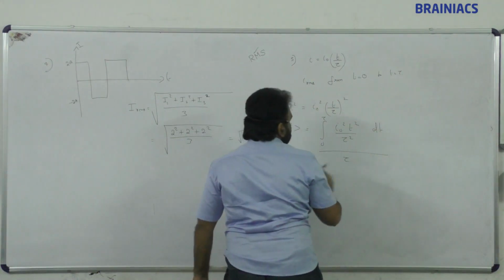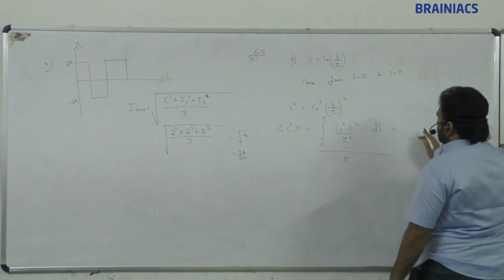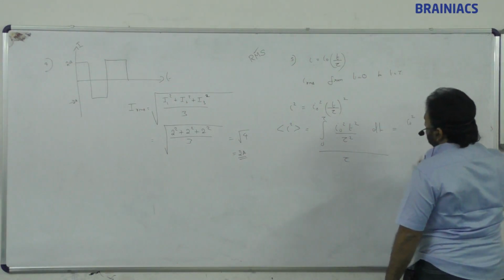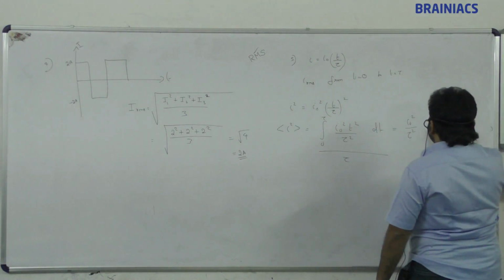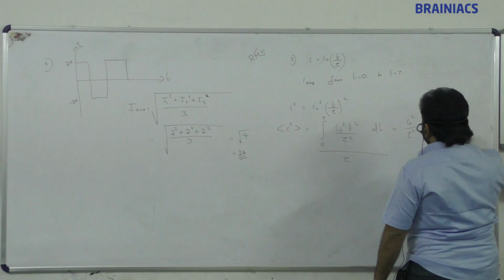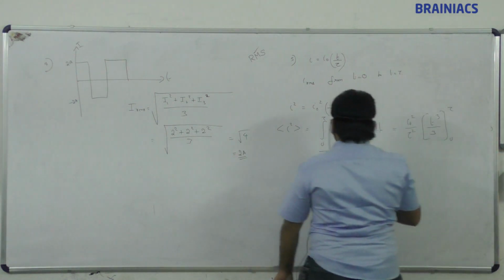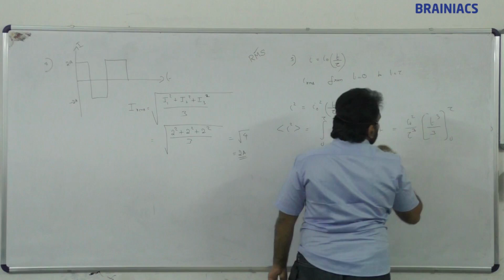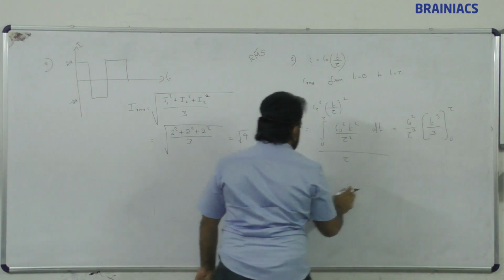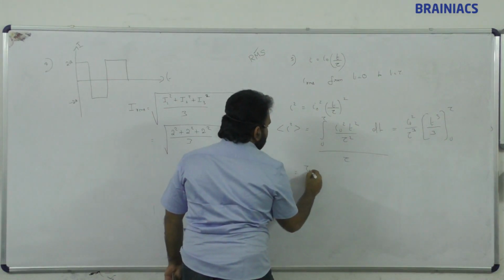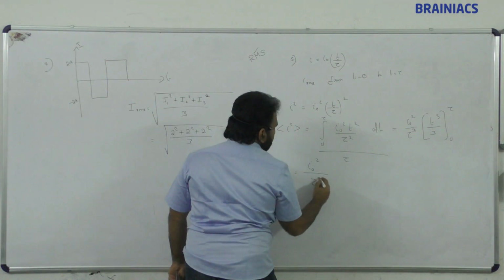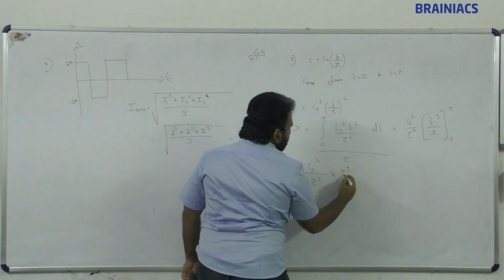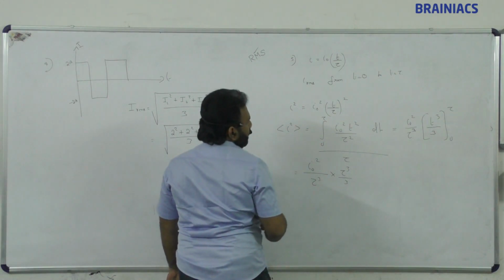If we do this, what will happen? I naught square by tau square is constant, t is there, so t cube by 3, integrating from 0 to tau, so tau cube. So I naught square by tau cube into tau cube by 3.